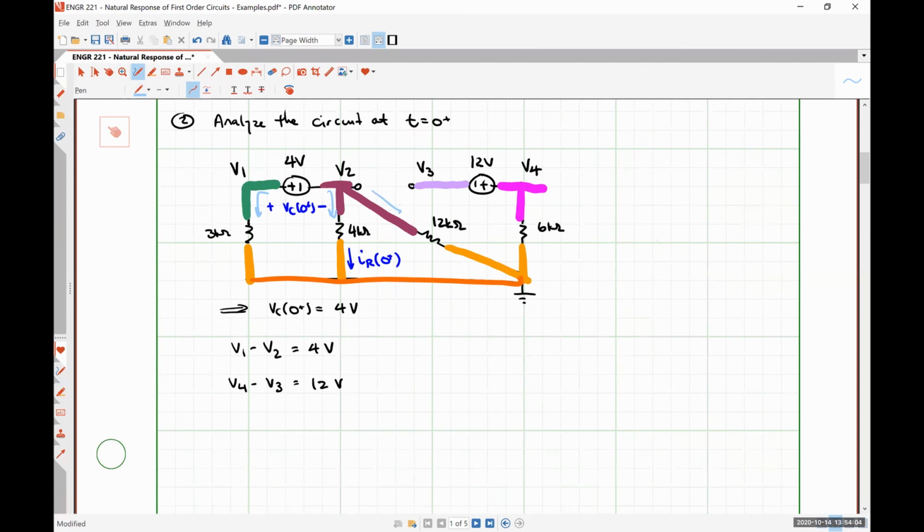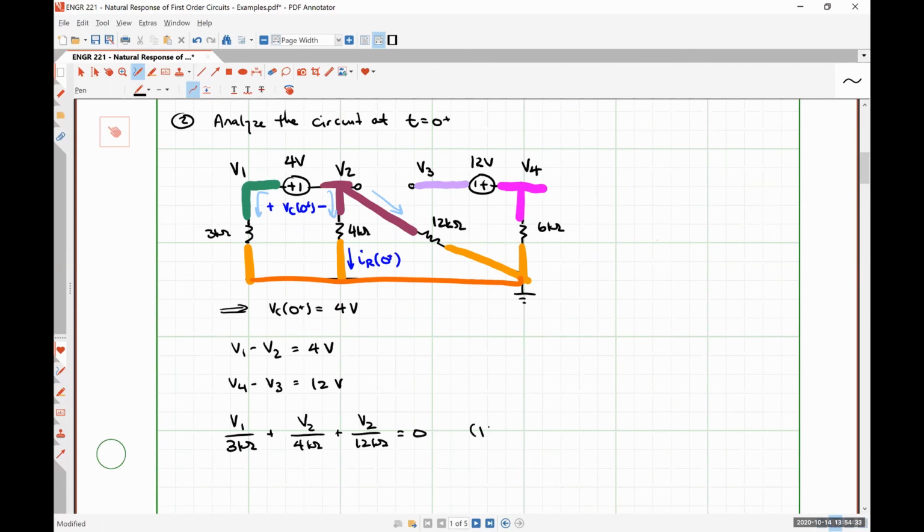If we apply KCL at our supernode, meaning that we're going to be taking a look at this current, and this current, we're going to have V1 divided by 3 kilo ohms plus V2 divided by 4 kilo ohms plus V2 divided by 12 kilo ohms is equal to 0.